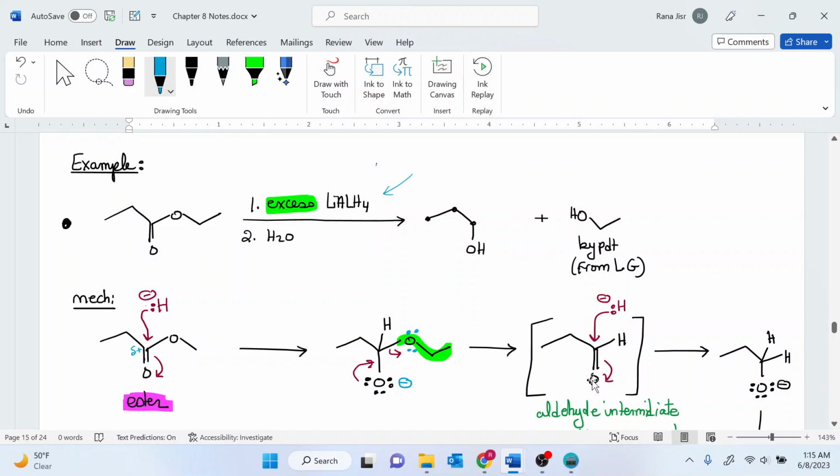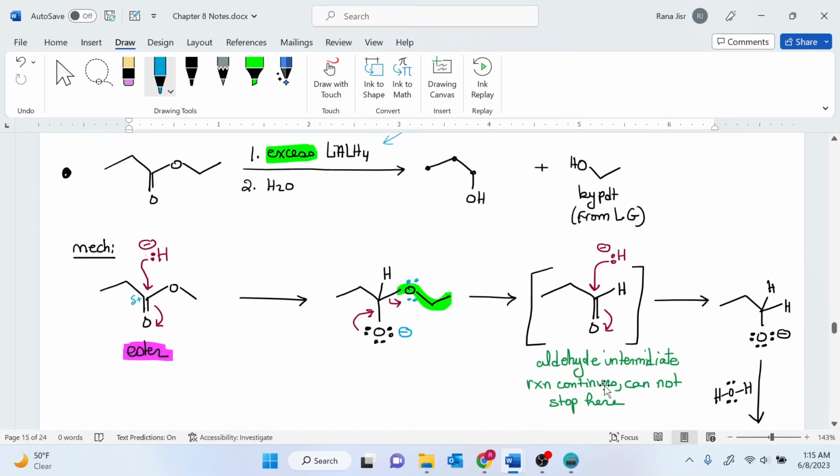I said from the beginning that the lithium aluminum hydride will keep reacting as long as you have a carbonyl. It will stop reacting once you stop having a carbonyl. So here, the lithium aluminum hydride will react again. By reacting again, I mean another mole of lithium aluminum hydride will come and attack the carbon of the carbonyl, forming a negative charge on the oxygen.